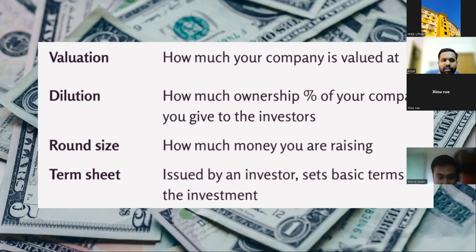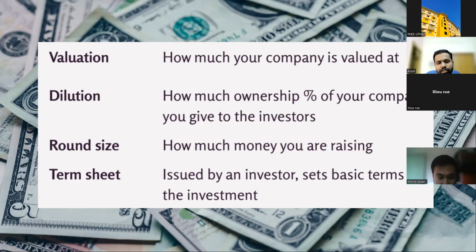So if the investor is valuing your company at $10 million, then $1 million is obviously 10%, right? So since the investor is now giving you $1 million, the investor will expect you to allocate 10% of your company's shares. So that is also the dilution.